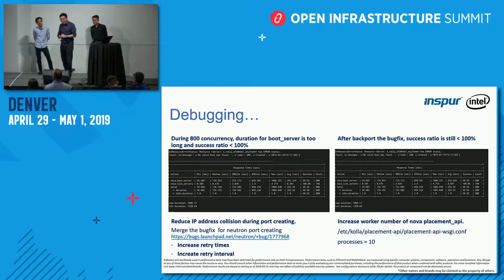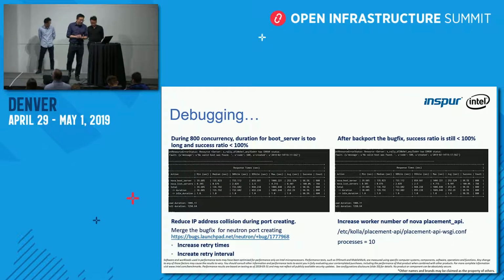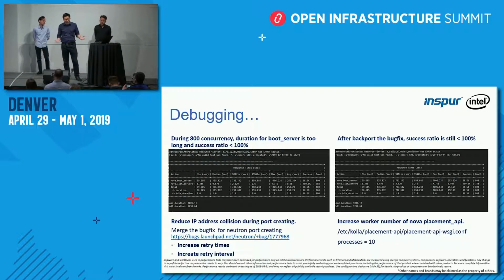The IP collision problem was first encountered when we performed the 800 concurrence test. Fortunately, we found a similar bug report on Launchpad, and we backported the code into our environment. However, unfortunately, though the IP collision problem disappeared, the success rate could not reach 100%.